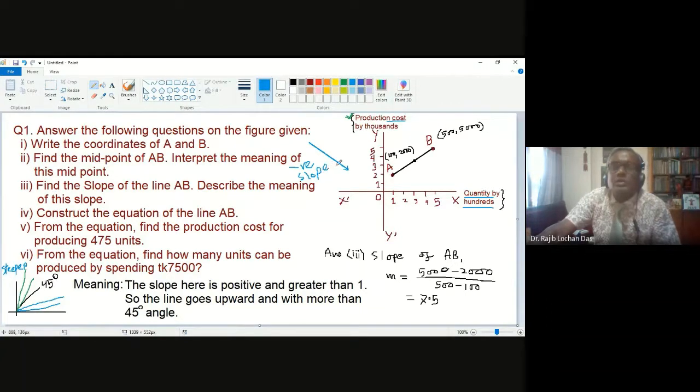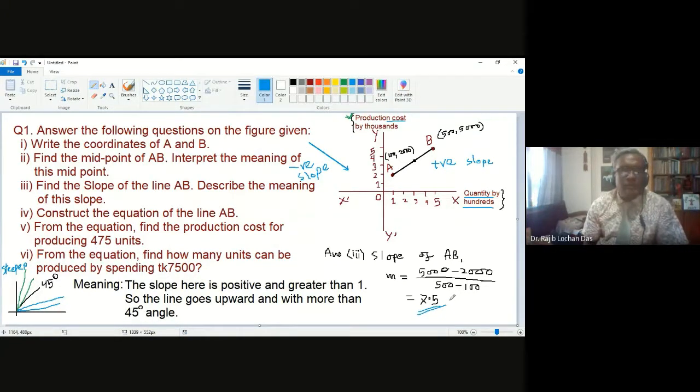And in this case, it is positive. So positive slope means it is an upward line. Upward line means it is going up and up and up. So if it is going up, fine, then what is the value of m? That is another important thing.